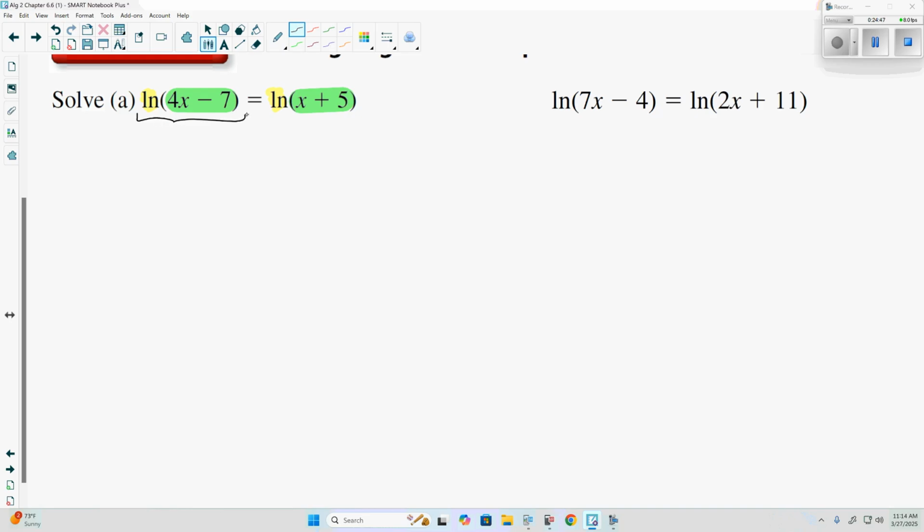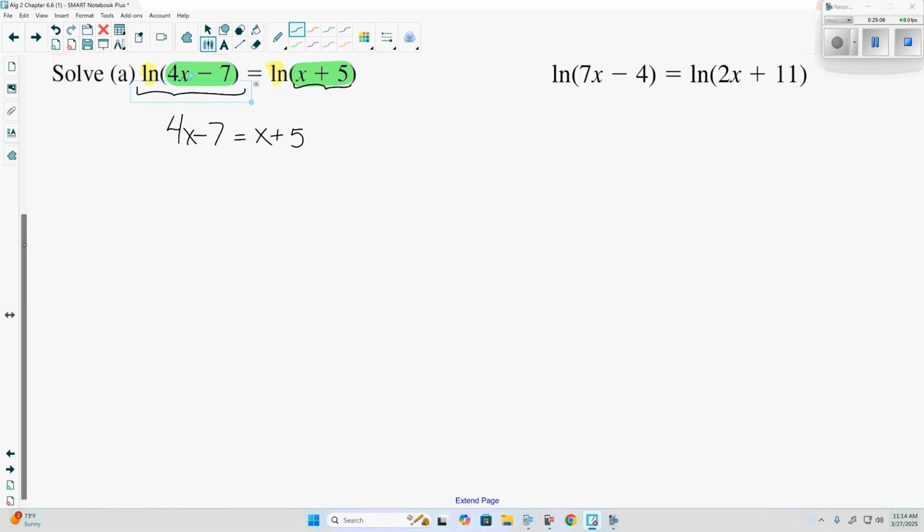The only way the natural log of 4x minus 7 is equal to the natural log of x plus 5 is if the value of 4x minus 7 is equal to the value of x plus 5. The only way we can have two logs equal to each other is if what's inside each log is equal. So really all we have to do is solve 4x minus 7 equals x plus 5. We can subtract x from both sides. 4x minus x is going to be 3x.